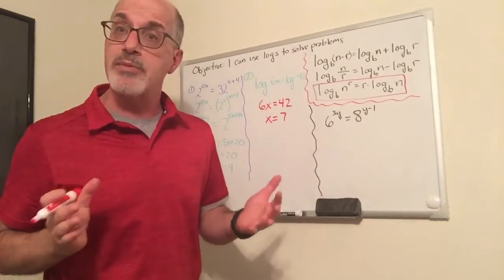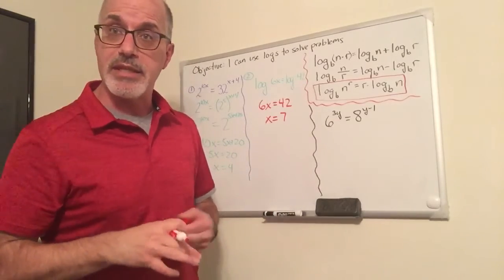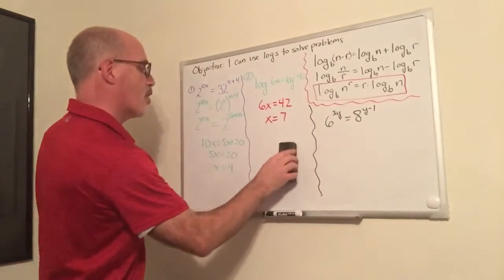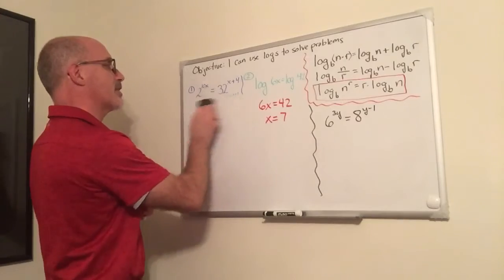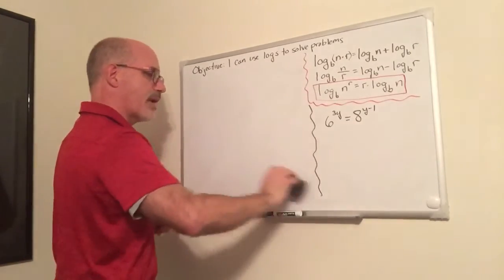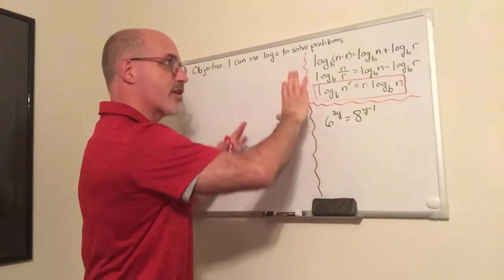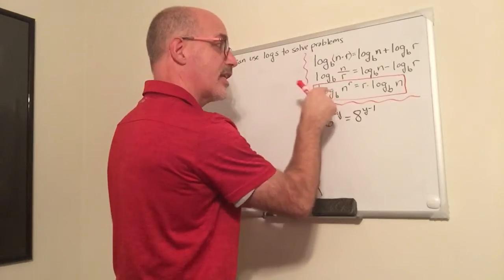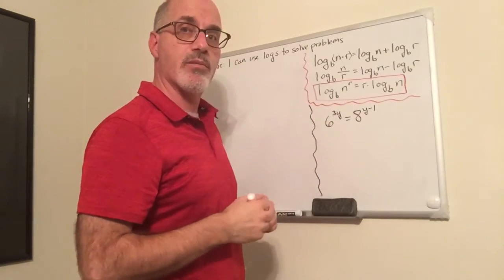Now those are the problems we've done where you can get the base to be the same. We're going to go ahead and now set up problems where you can't get the base to be the same. Just as a reminder, since there's a little bit of review here, here are our 3 rules of logarithms. I'm really going to lean on this rule down here.